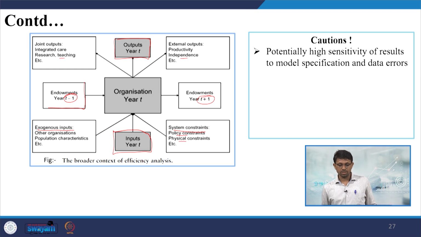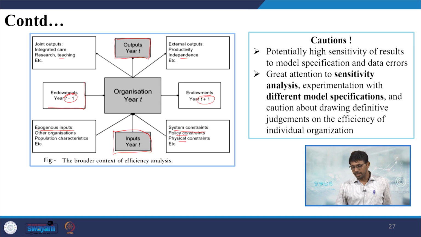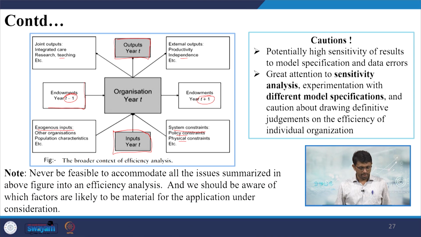Therefore, we make a caution that potentially high sensitivity of the results to model specification and data errors is important. Great attention should be paid to sensitivity analysis or experimentation with different model specifications, and caution is needed in drawing definitive judgments on the efficiency of individual organizations.